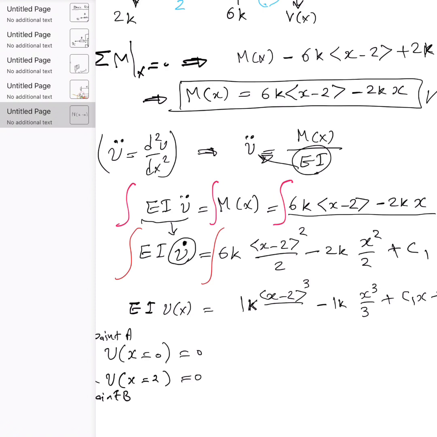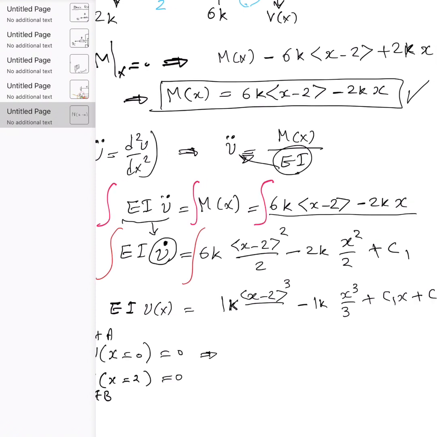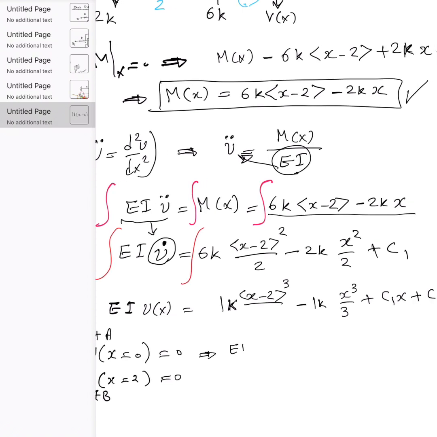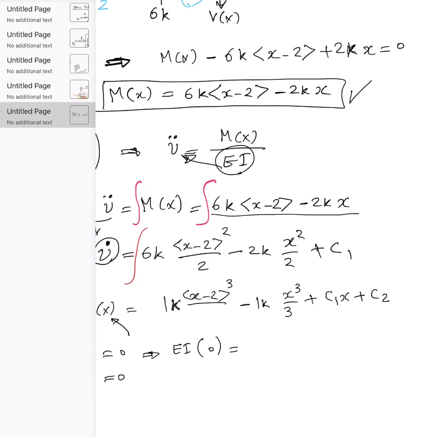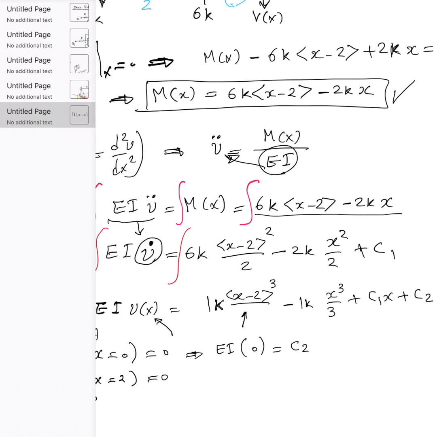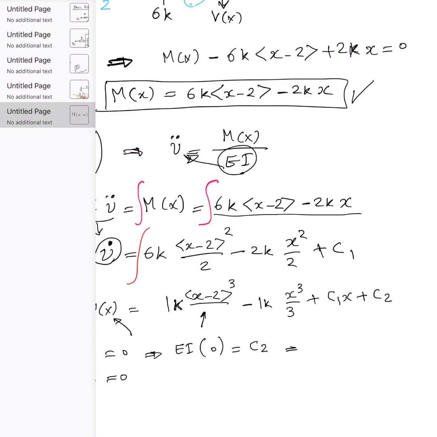Let's apply them. If I put x equal to 0, what do I get? EI times V at x equal to 0, which is simply 0, is equal to, if you put x equal to 0 here, the first term is 0, the second term is 0, the third term is 0, and finally you get C2. All of them are 0 except C2. That means C2 is equal to 0.